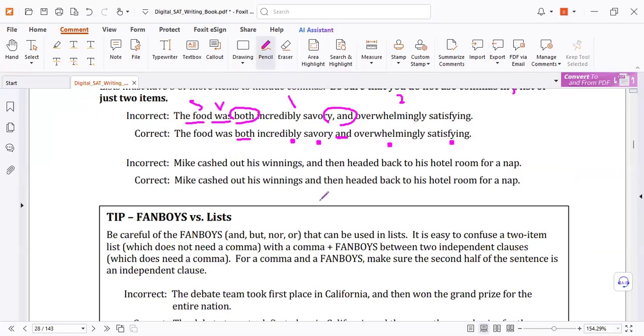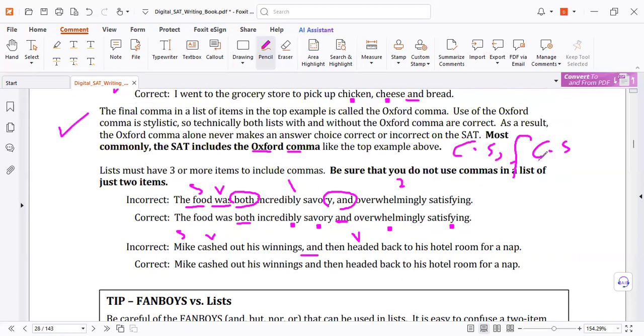Here again, Mike, subject, verb, cashed out his winnings, and then headed. Here is FANBOYS, and here we have a verb. What is the second subject? Look, as I told you for FANBOYS, if you don't have the second subject, you must delete the comma.